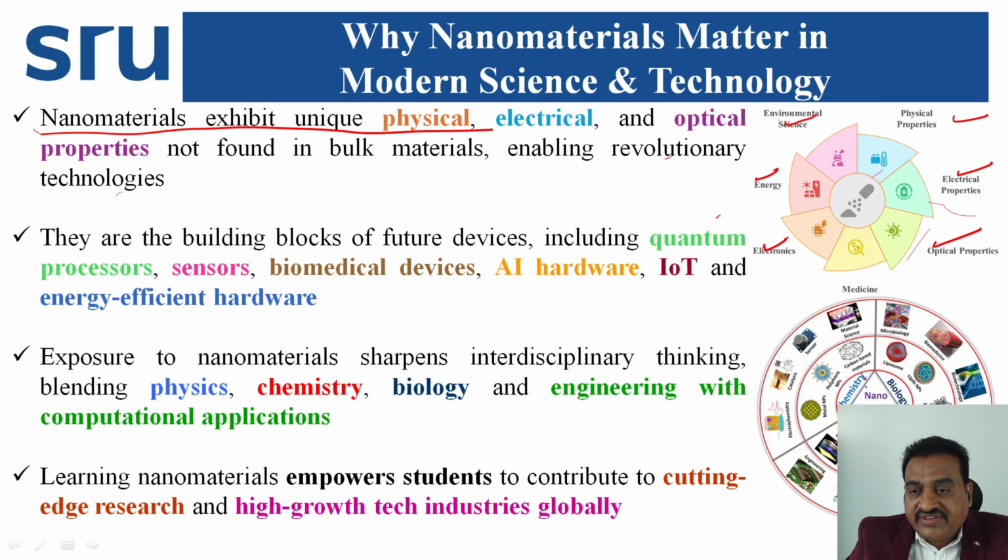Here also, nanoscience is developed and it is moving in other directions. They are the building blocks of future devices, including quantum processors, sensors, biomedical devices, artificial intelligence hardware, IoT, and energy efficient hardware.